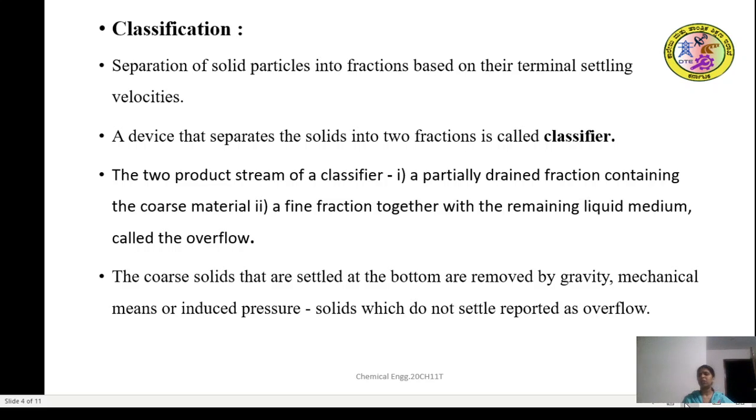The two product streams of the classifier are a partially drained fraction containing the coarse particles, and a fine fraction together with the remaining liquid medium, called the overflow.